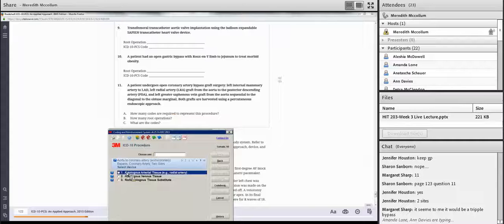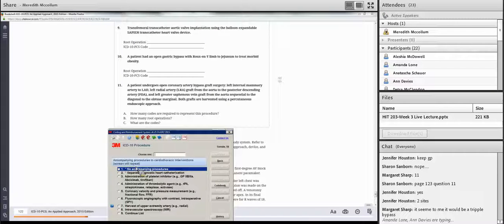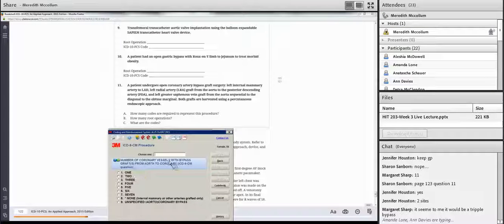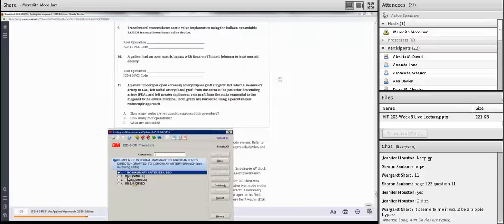So this is going to be, you don't talk about the radial artery. Okay, then no more number of, oh, this is just one, that was ICD 9.